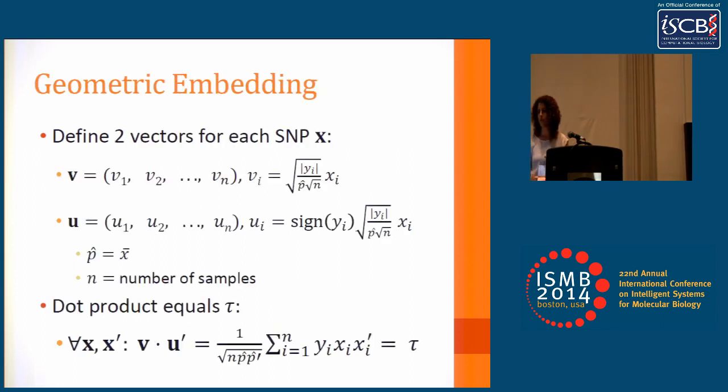So now for each SNP, we convert it into two vectors, V and U, and it's not very important exactly how they are defined for the purpose of this talk, but just notice that we take the information both from the genotype and from the phenotype to create those new vectors, V and U. And these vectors are defined such that for each pair of SNPs, X and X prime, the dot product of the corresponding V and U prime is exactly that tau that we defined earlier.